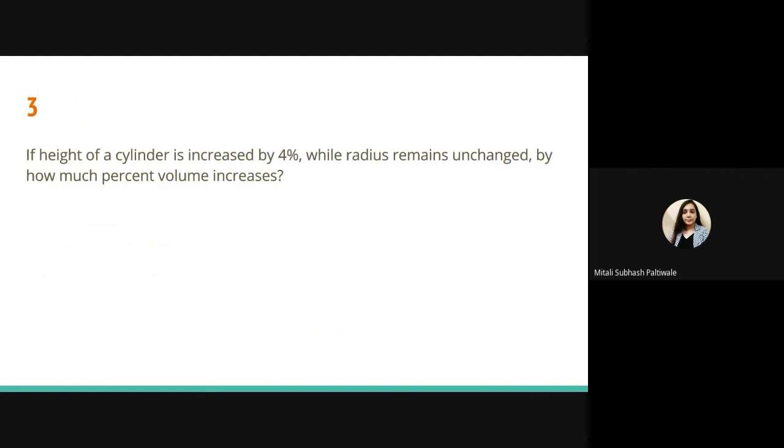Okay, so always remember, in case of cylinder, if one parameter is increasing and another parameter is still the same, then in that case we will just apply the property wherein, if it is increased by a, then we will obviously increase the volume by a also.